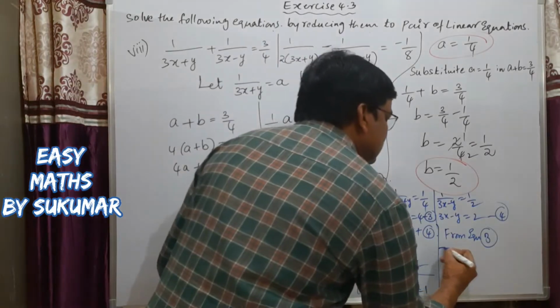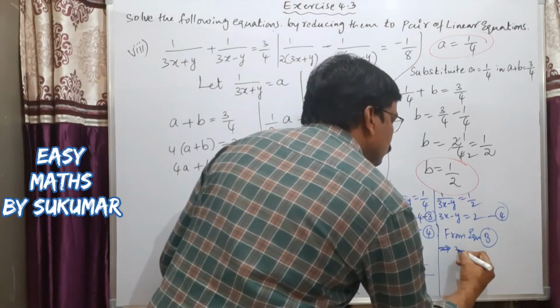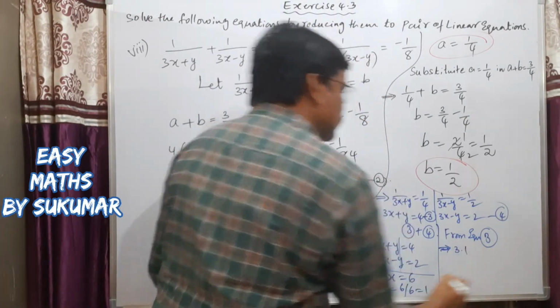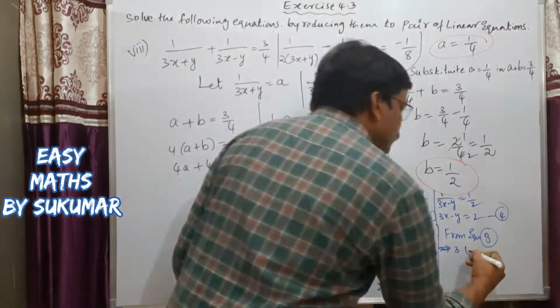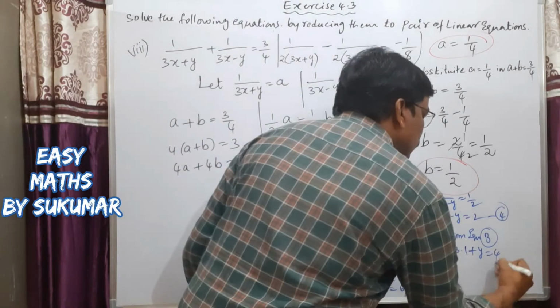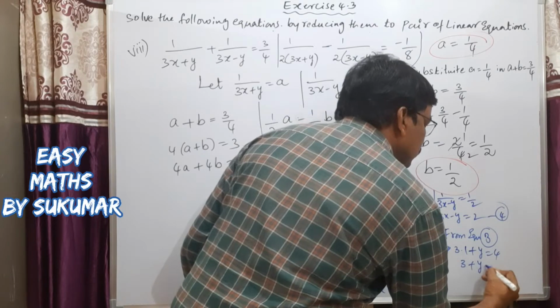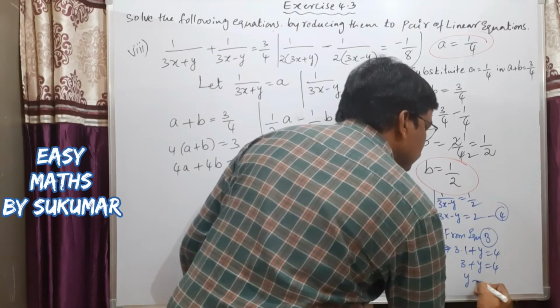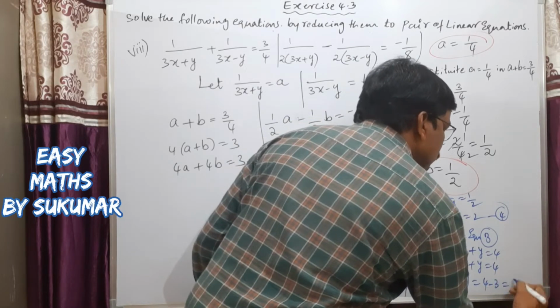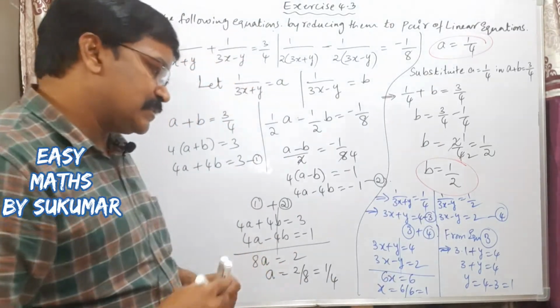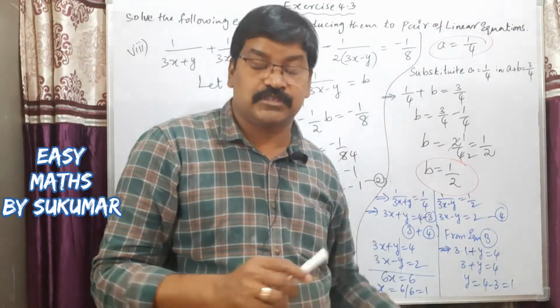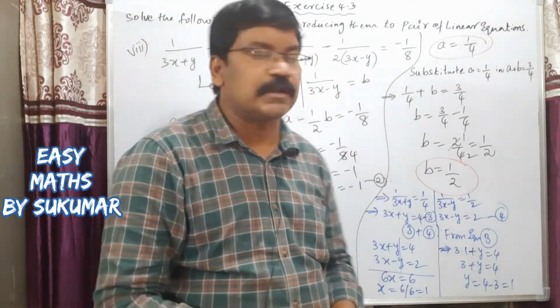That means 3 into x, which is 1. 3 into 1 plus y is equal to 4. That means 3 plus y is equal to 4. So y is equal to 4 minus 3. So y is also 1. That means the value of x is 1, the value of y is also equal to 1.